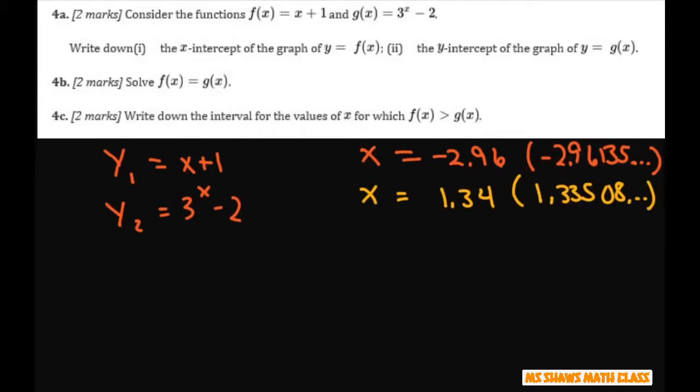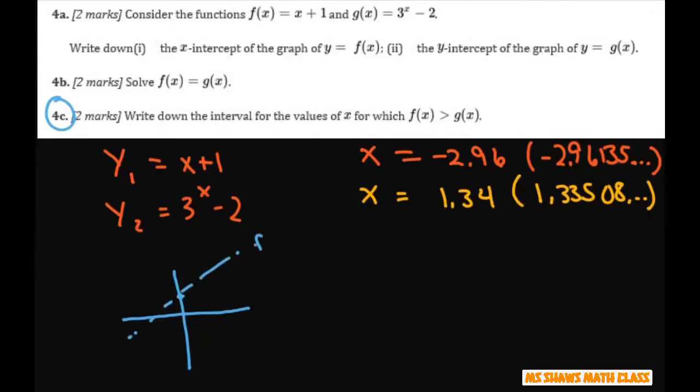Okay, again for the second part, you're going to use your calculator, and what you're looking at is for when the graph is above. So you're going to use second trace, and you're going to do the right bound and left bound of the intersections. So if your graph, let's see, x plus 1 is like this.